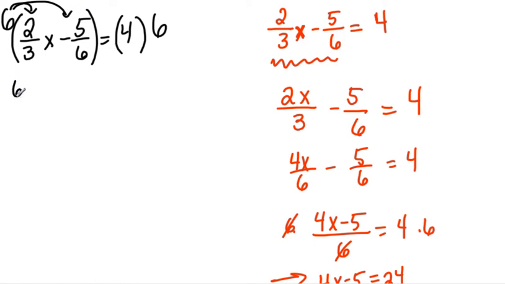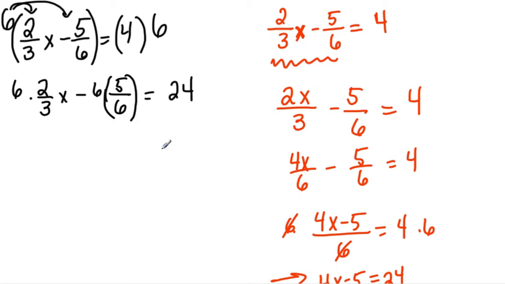Distribute. So watch me. 6 times 2/3 with an x on it minus 6 times negative 5/6. Are you with me? Oh, sorry. That's not a negative. Just 5/6 because of minus, right? And then equals 24.